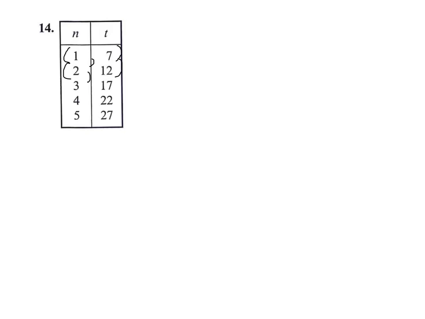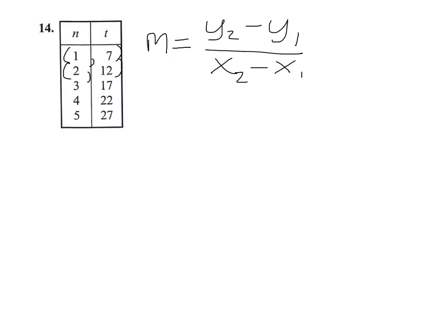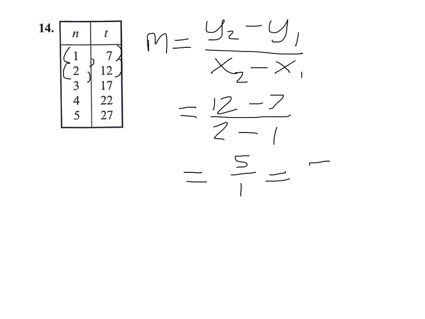So what you're going to do is take 2 points. You won't have to do this on every problem, but just for the first one, let's consider these 2 points. So the slope, m, equals y2 minus y1 over x2 minus x1. Again, I'm only doing this once just to show you. You get 12 minus 7 over 2 minus 1, which is 5 over 1, which is equal to 5.